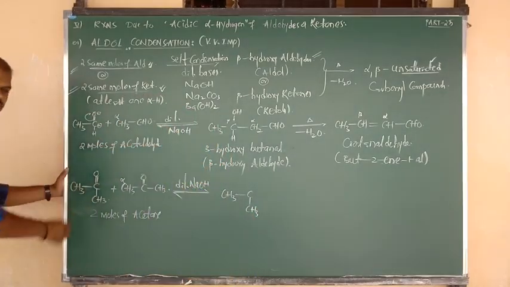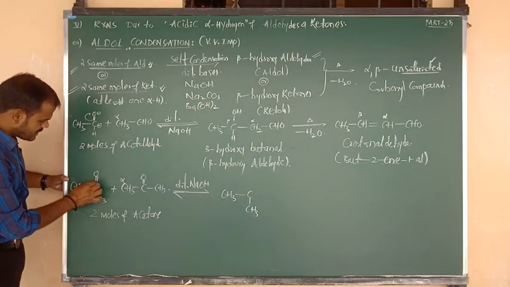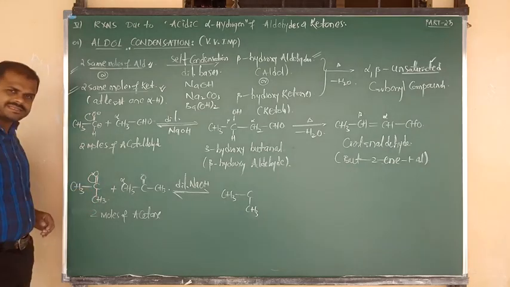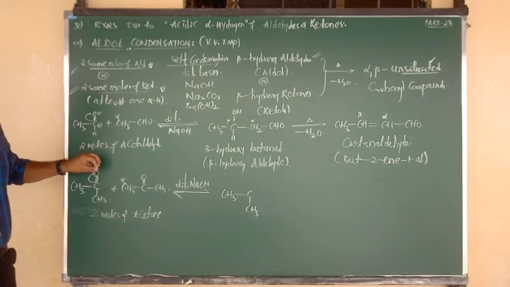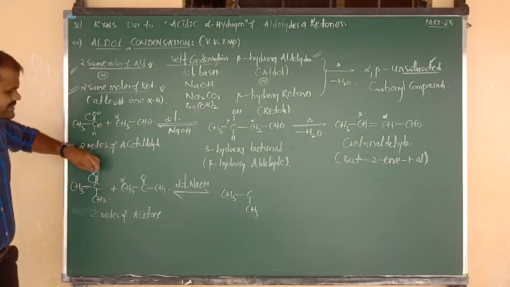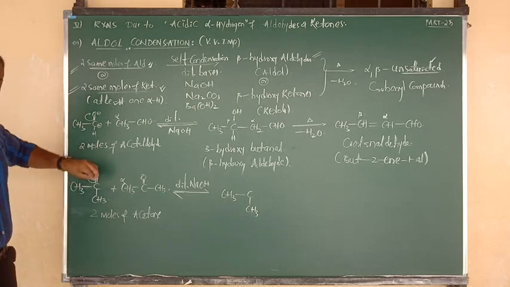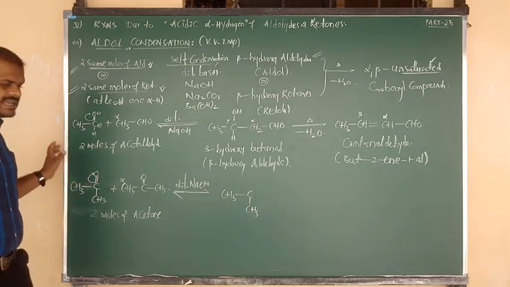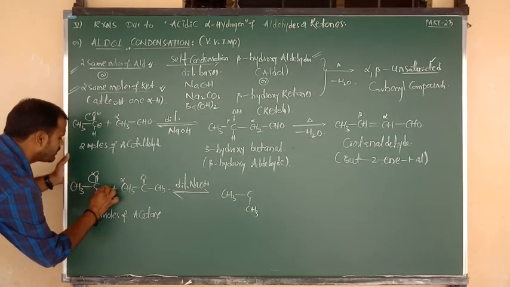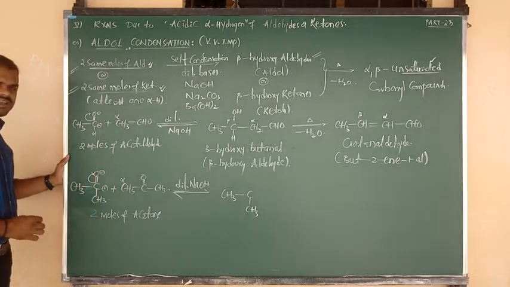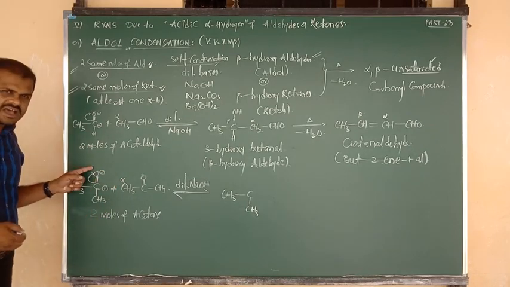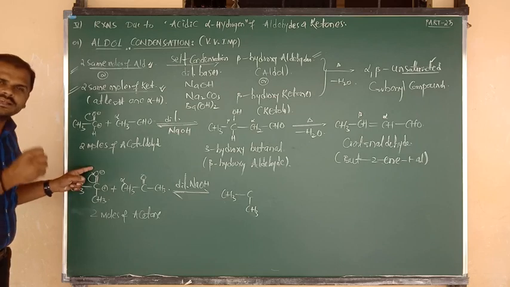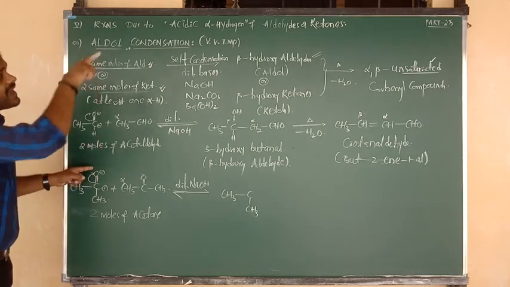But as compared to carbon, oxygen has more electronegativity. That means one of the pi bonds was delocalizing, shifting towards the oxygen. So by the delocalization of that pi bond, the central C carries a positive charge and oxygen carries a negative charge. Oxygen requires a positive proton, that is nothing but an acidic proton.